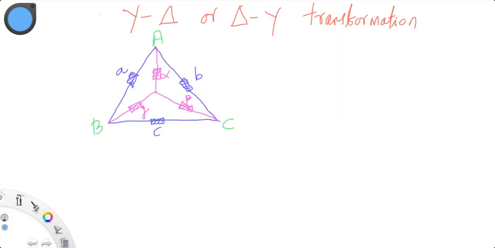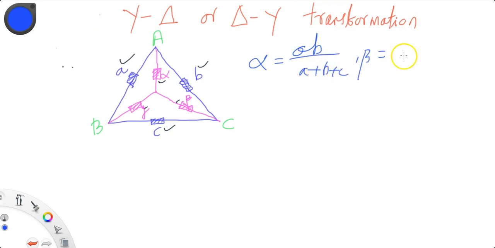Next we'll discuss the star-delta and delta-star transformations, where here we have A, B and C, the impedances of the delta network, and alpha, beta and gamma, the impedances of the star network. Alpha will be simply AB upon A plus B plus C. Beta will be BC upon A plus B plus C. Very simple.